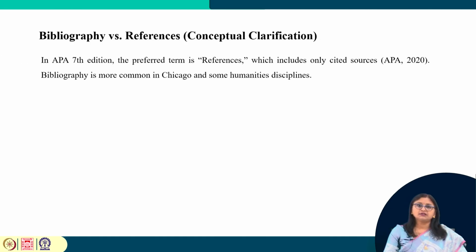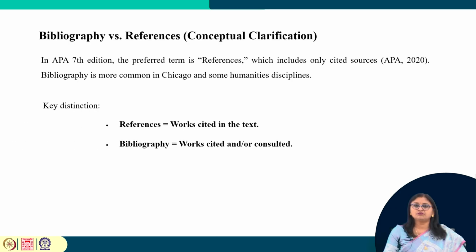In APA 7th edition, the preferred term is references, which includes only cited sources. Bibliography is more common in the Chicago Manual and some humanities disciplines. You will find a clear distinction between references and bibliography: references equal works cited in the text.